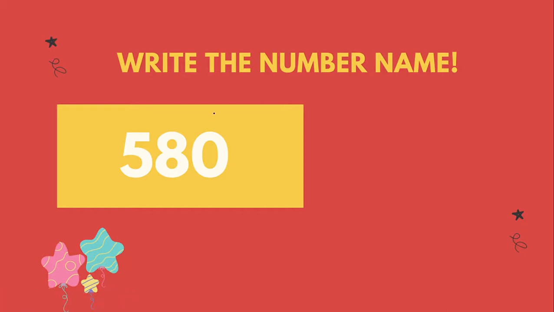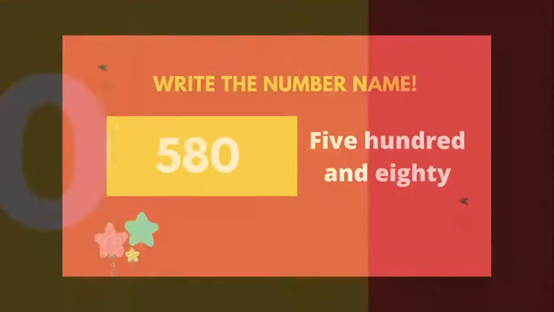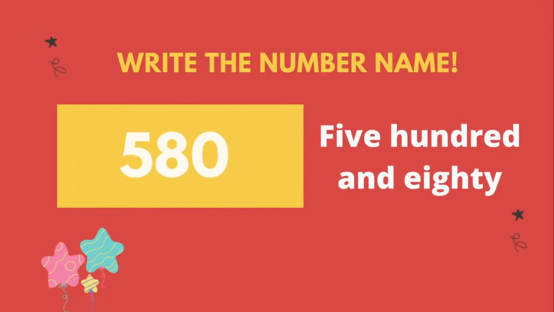The place of 0 is ones, the place of 8 is tens, and the place of 5 here is hundreds. The first digit, like I said, is going to be read separately, and the last two digits are going to be read together. So can you tell what's the number name for this numeral? It's 500 and 80, read together as 80. Perfect! 580.